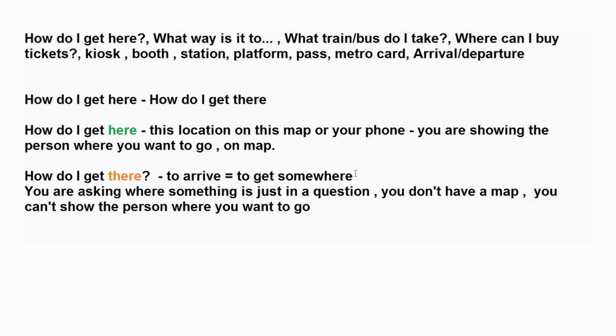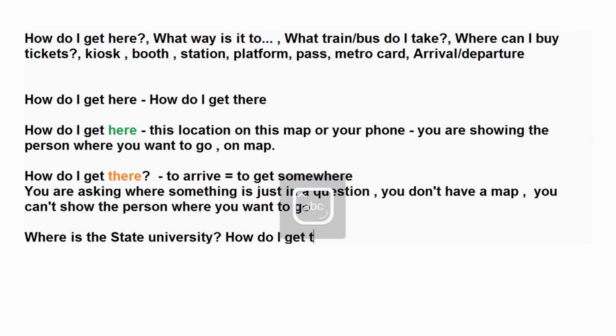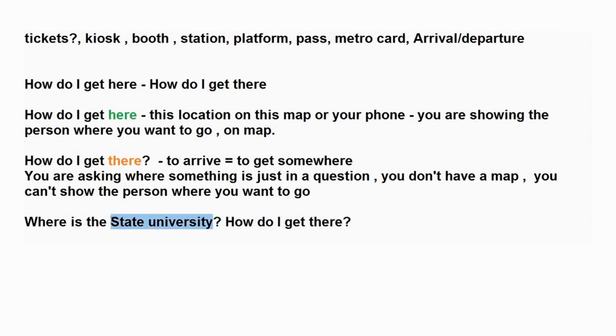For example, where is the, I don't know, state university? Where's the state university? How do I get there? Okay, so you're saying get there because you know what you want, right? Where is the state university? How do I get there? So you're asking about the place and where it is. How do I get there, right?